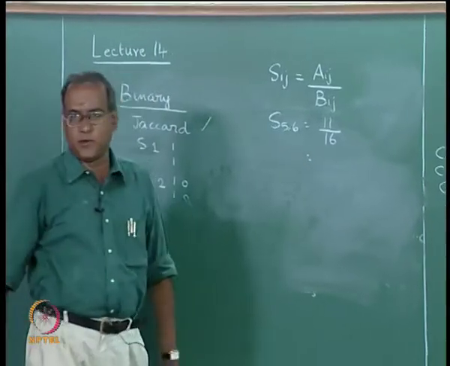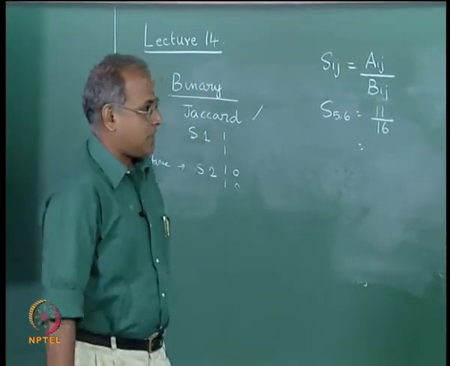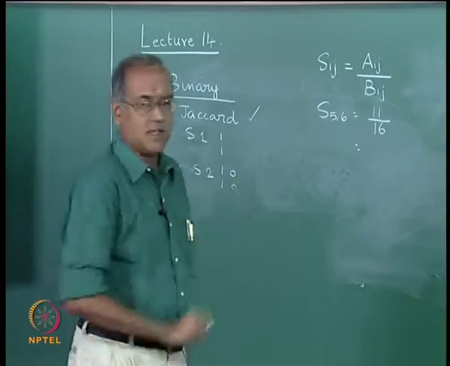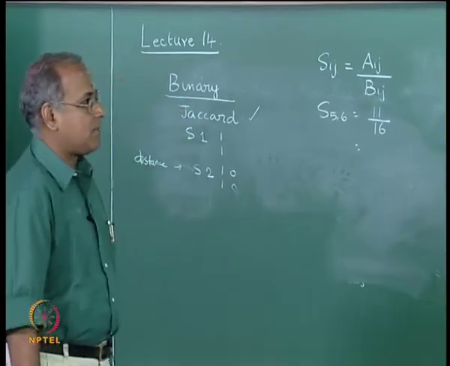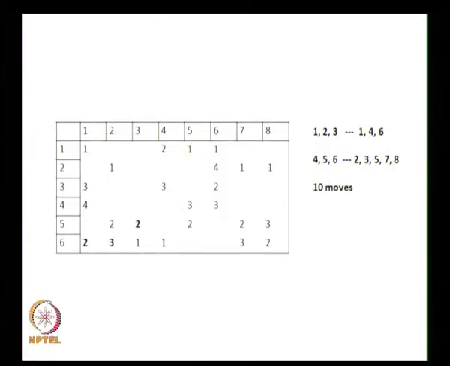Let us show the computation. So, we consider machines 5 and 6, the common parts are parts 2, 3, 7 and 8. So, part 2 will contribute 2 plus 1 3 because it visits machine 5 as an intermediate machine and machine 6 as the last machine. So, it will contribute 3.